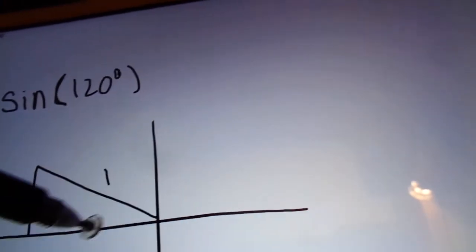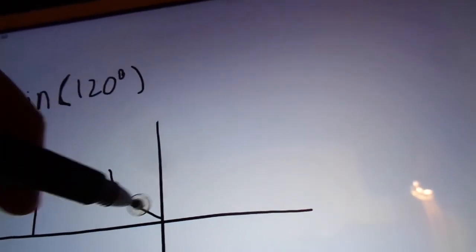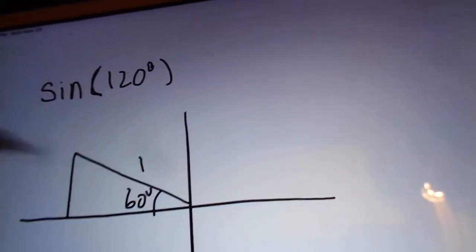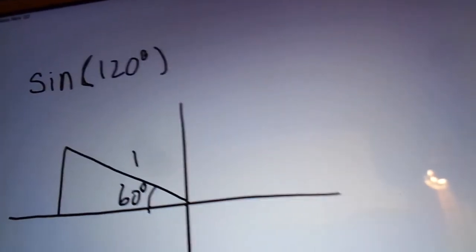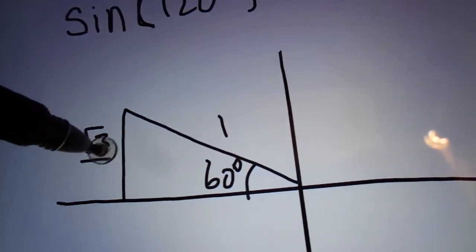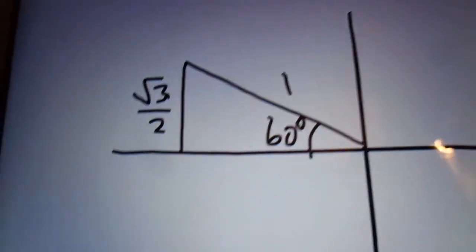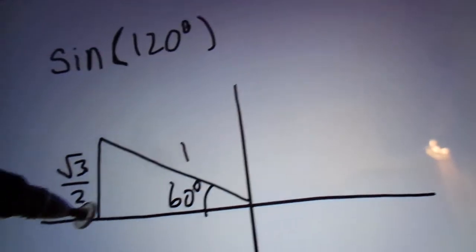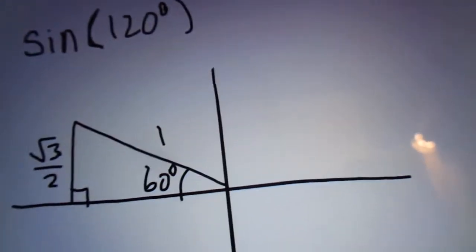Well, if we know the full thing's 180, and that's 120, then this must be 60. But you could also just use the reference angle rules that we've talked about. Across from a 60-degree angle is a square root of 3 over 2 side.